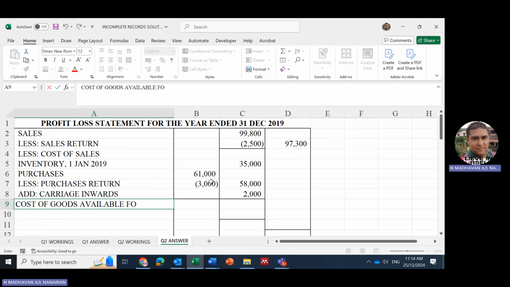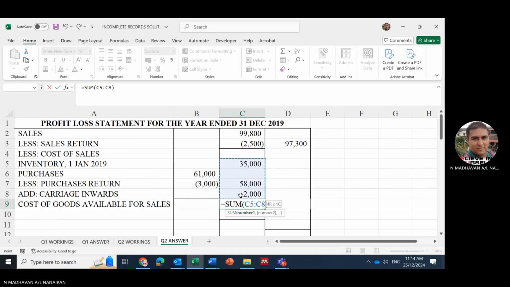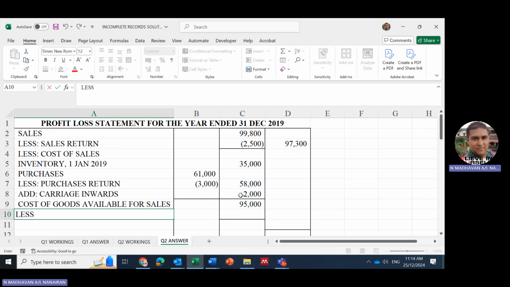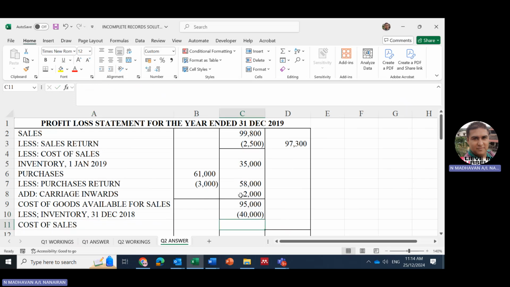So this gives you your cost of goods available for sale, then less your inventory ending on 31st December 2018. How much? 40,000. That gives you your cost of sales of 55, correct?